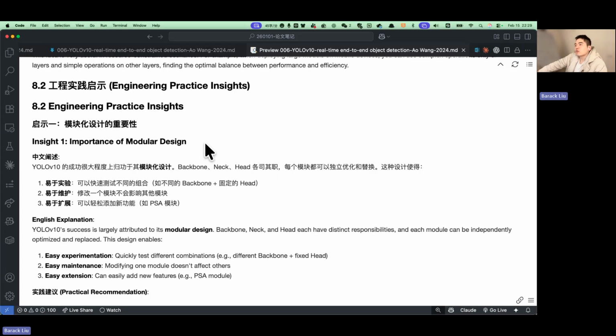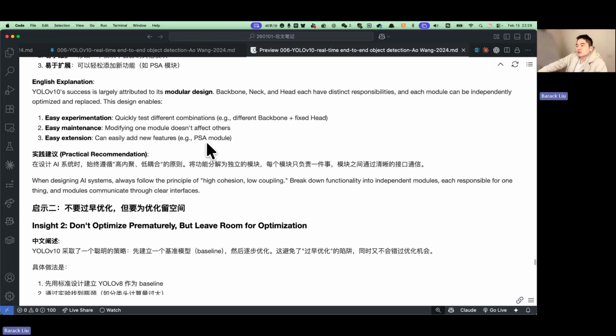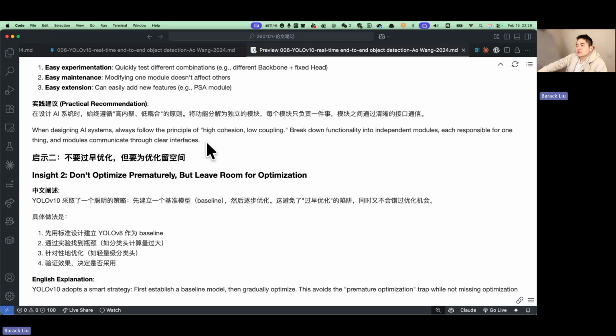Okay, so insight one is importance of module design. Insight two is don't optimize prematurely, but leave room for optimization.